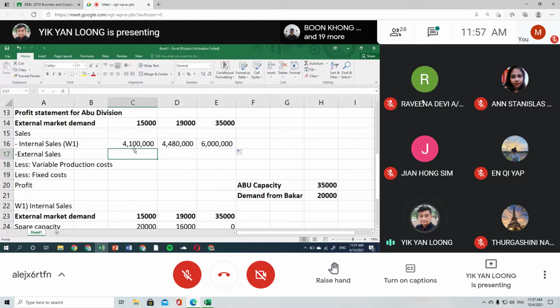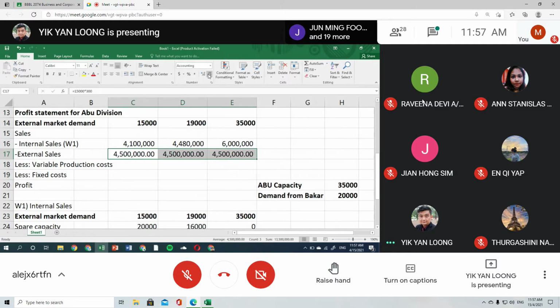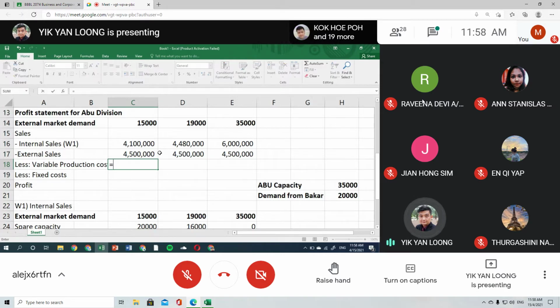Okay. Now for external sales is very easy, right? He will have to produce internally before he can transfer it externally, right? So it will be 15,000 multiplied by 300. Now variable production cost, you produce a total of 35,000 units.